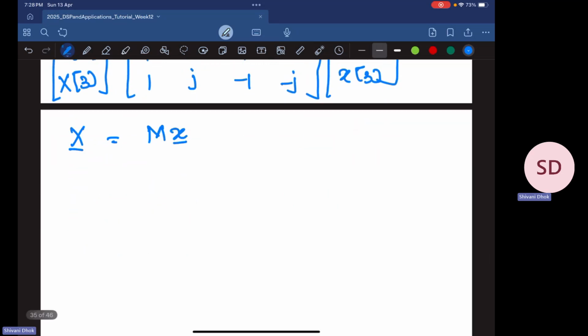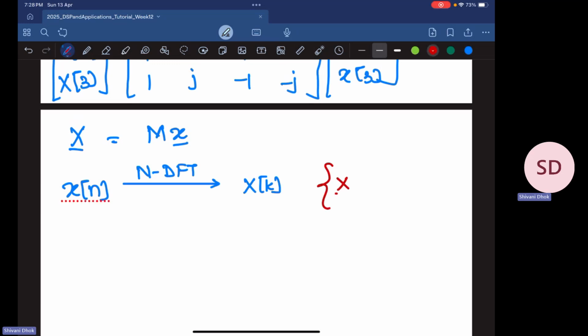So now let us say that x of n has an n-point DFT as X of k. So this basically is equivalent to X equal to M times x.